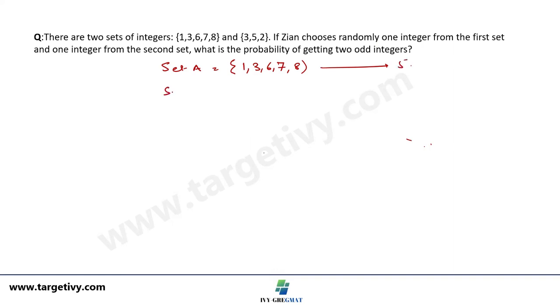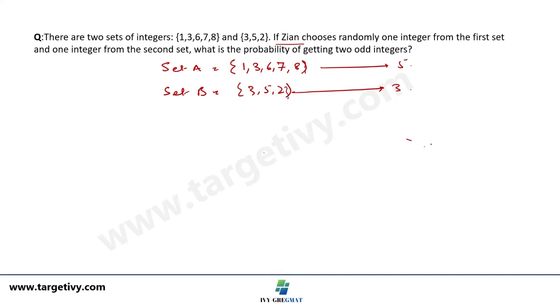Set B has got 3, 5, and 2. So this is 3 integers. It is saying that if Zian chooses randomly one integer from the first set and one integer from the second set, what is the probability of getting two odd integers?